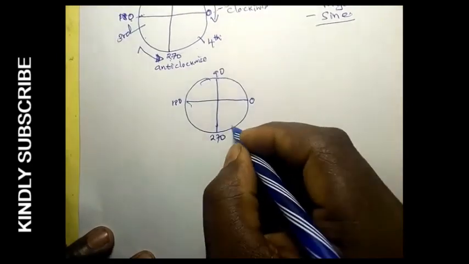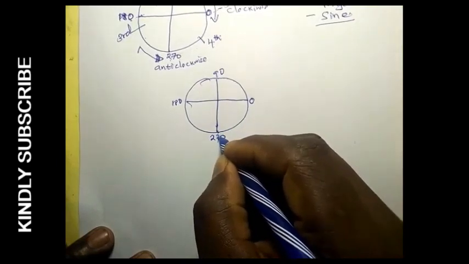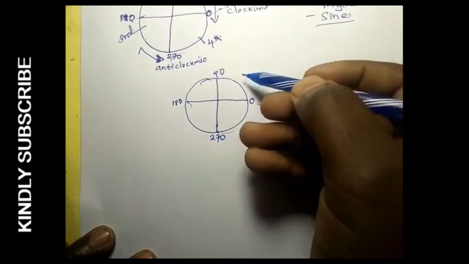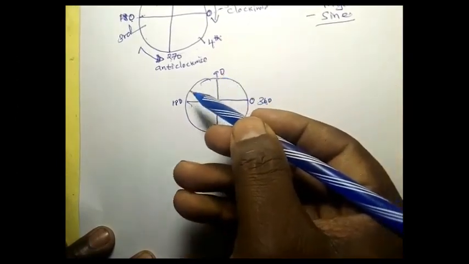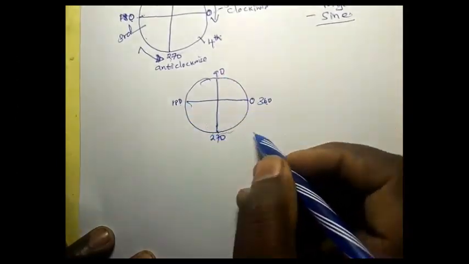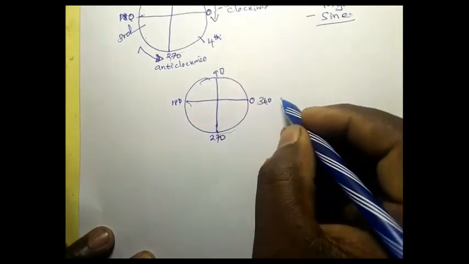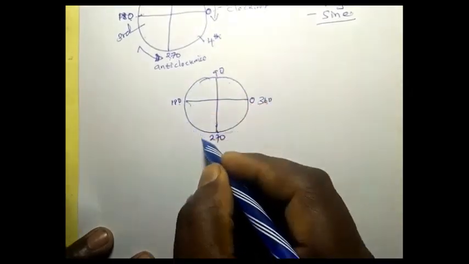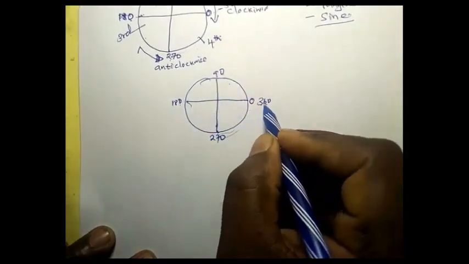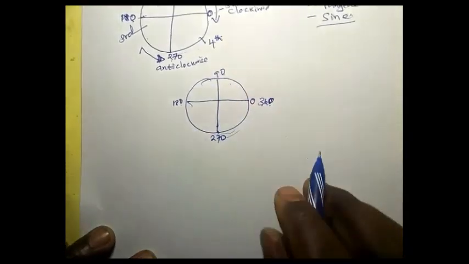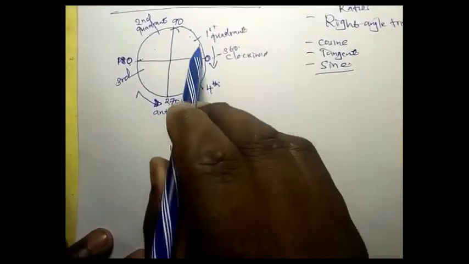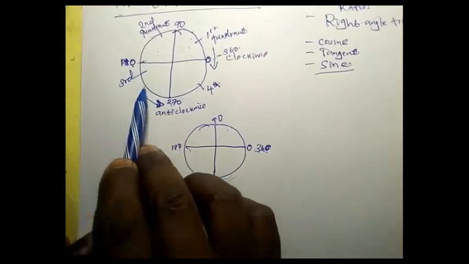Once we reach 270, we go to 360. We go again, 360 plus 90, and if we reach here, another circle, we reach 720, like that. So once you go one cycle, you cover 360 degrees.